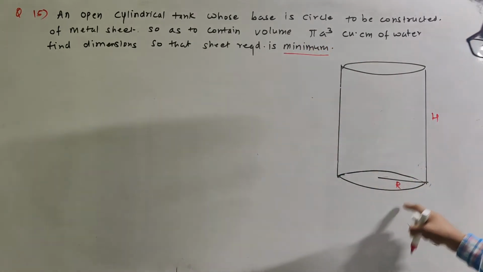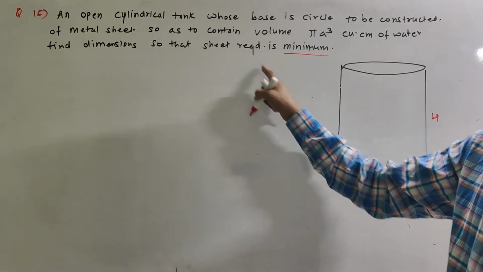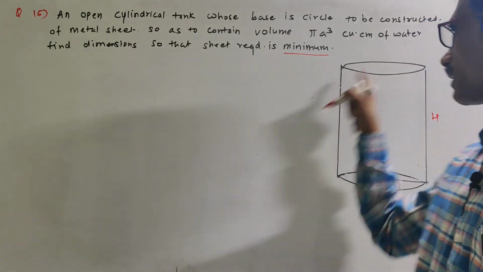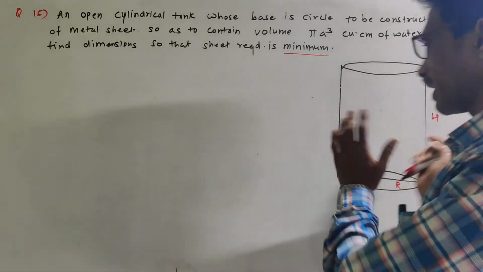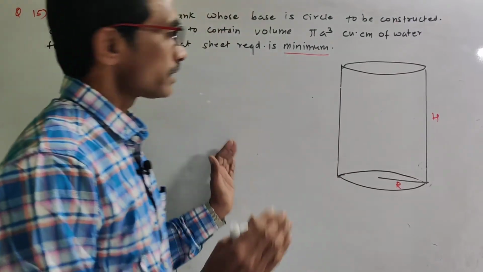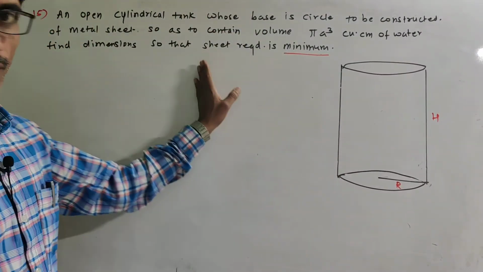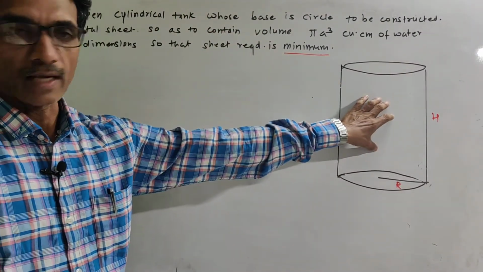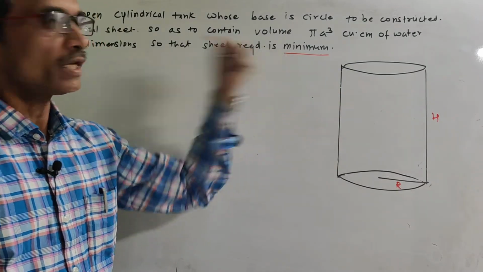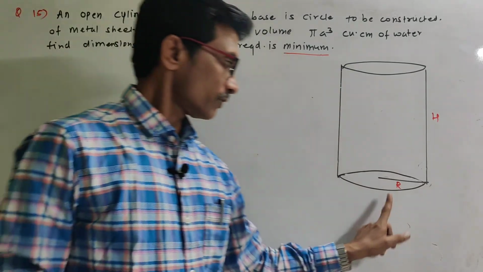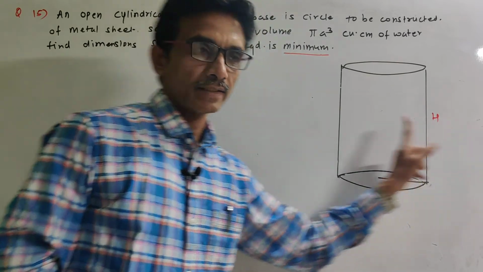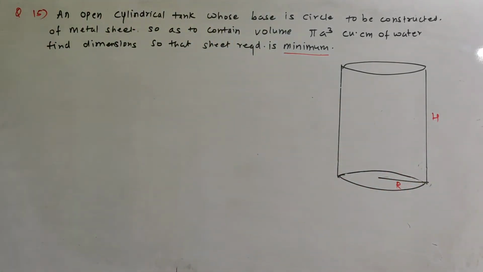So we want to find the dimensions of this tank from which the tank is made, so that the material required to make it should be minimum. So for that we find the radius and height, that is the dimensions of this tank.